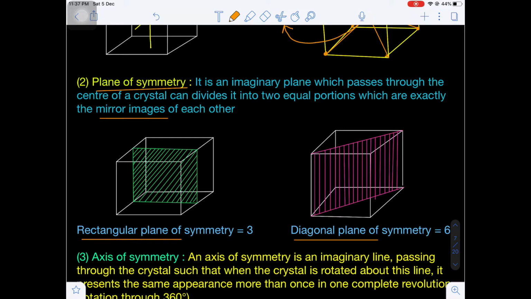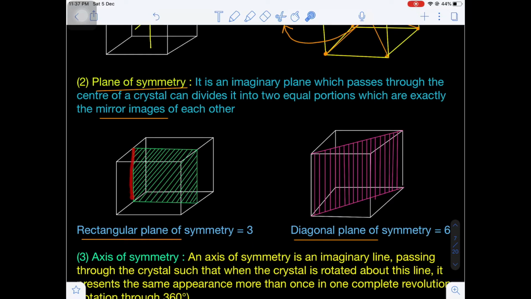In case of a rectangular plane of symmetry, what happens? Two opposite faces are equally bisected with the help of an imaginary plane. Such an imaginary plane which can bisect two opposite surfaces equally is called a rectangular plane. Here we can take three rectangular planes of symmetry.